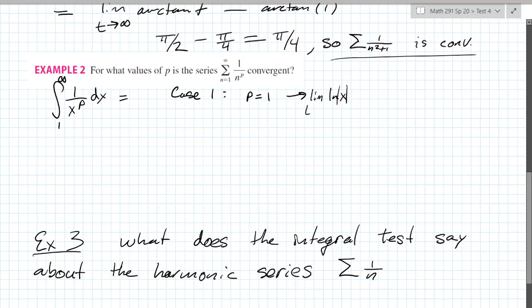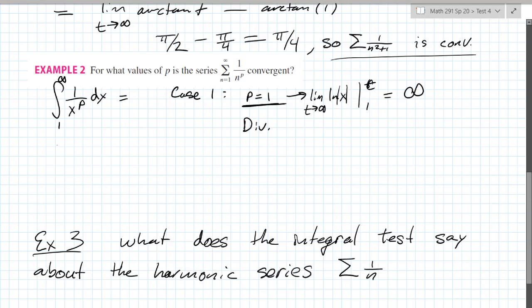Actually, the limit as t approaches infinity from 1 to t. What happens to this integral? Well, I'm just going to jump to the answer. It is infinite because the ln of a very large number is very large. That is an infinite limit. So we have an infinite integral, which means when p equals 1, this is divergent.